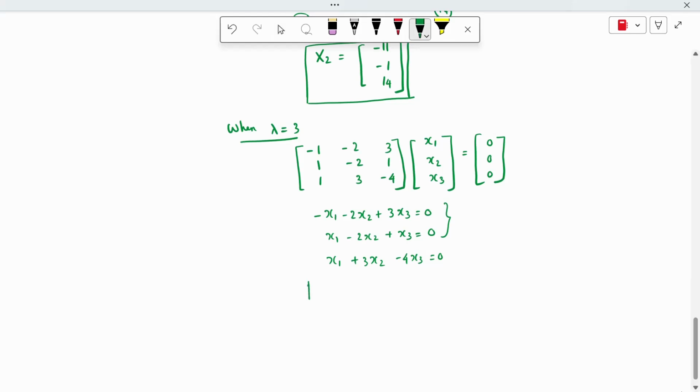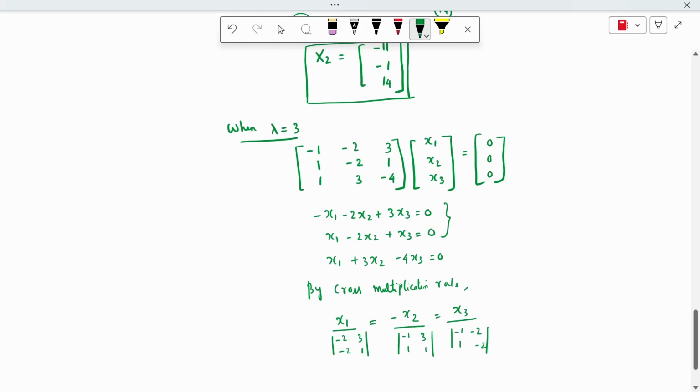Now by the cross multiplication rule, it is x1 equals minus x2 equals x3. Now for x1, I am taking the first two equations: minus 2, 3, minus 2, 1. For x2, you take minus 1, 3, 1, 1. For x3, you take minus 1, minus 2, 1, minus 2.